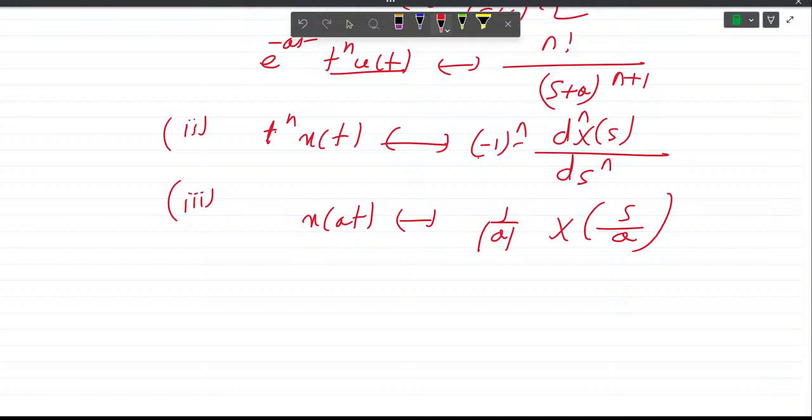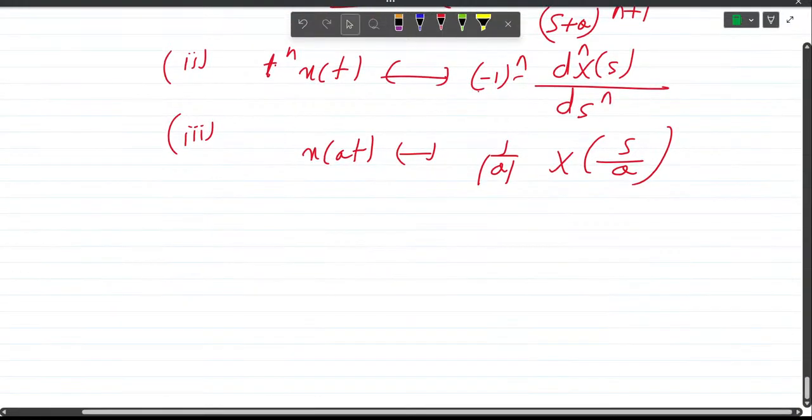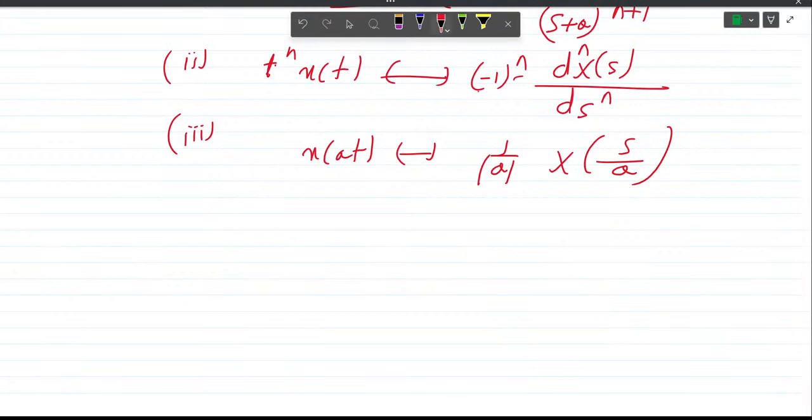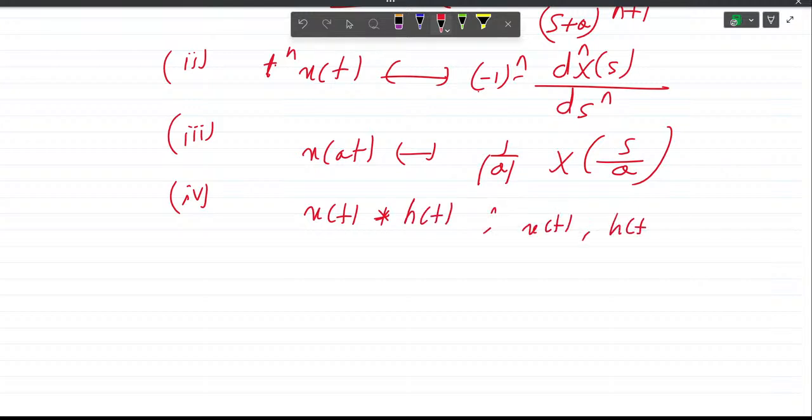The fourth one is convolution. Convolution will be discussed in much more detail in signals and systems. Just remember it. Convolution of two signals, we are assuming that both the signals are causal, that is x(t) and h(t) are both 0 for t less than 0. Then we call them causal.